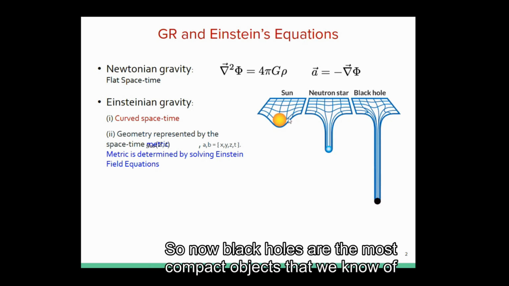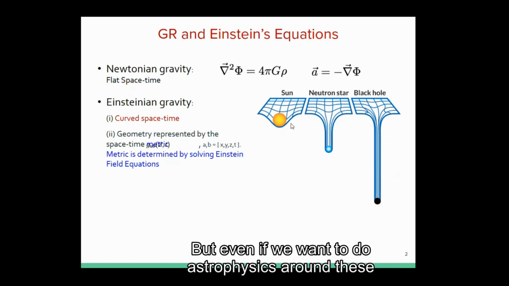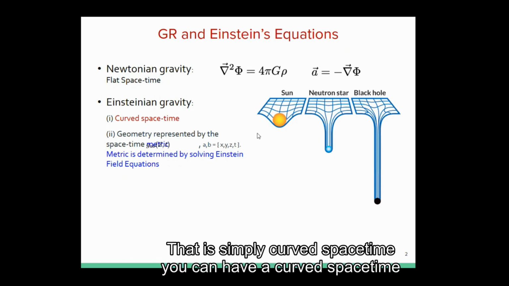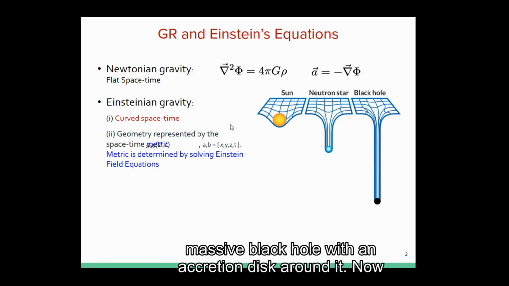Now, black holes are the most compact objects that we know of in nature, or black hole-like objects at least, followed very closely by neutron stars. But even if we want to do astrophysics around these objects, that's not truly dynamical spacetimes. That is simply curved spacetime. You can have a curved spacetime which is not evolving. A very common example is a supermassive black hole with an accretion disk around it.